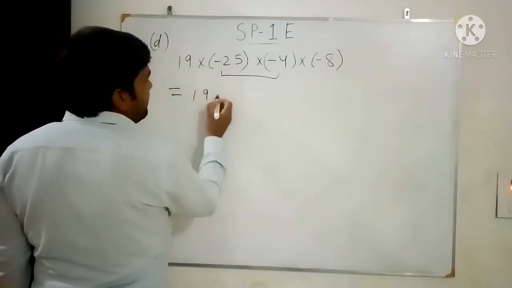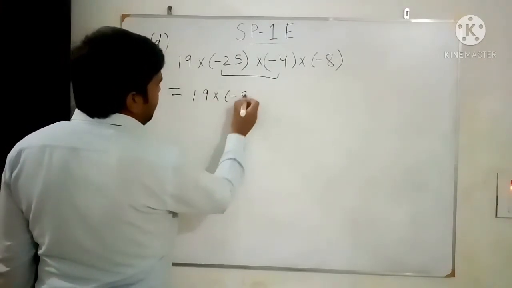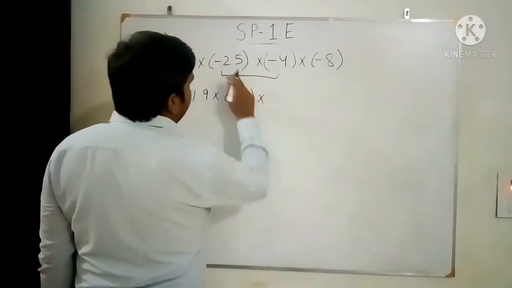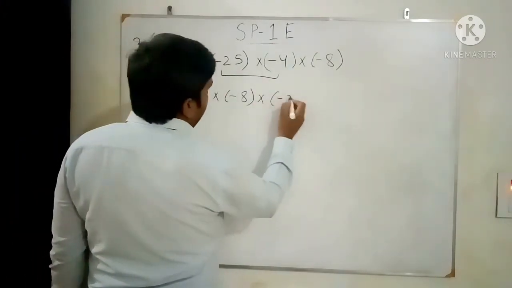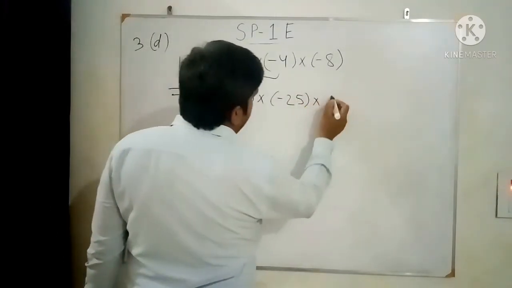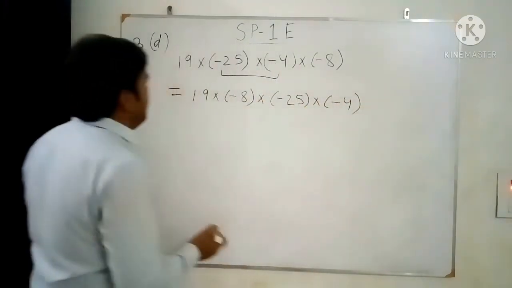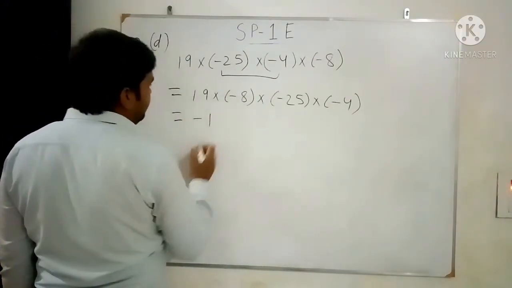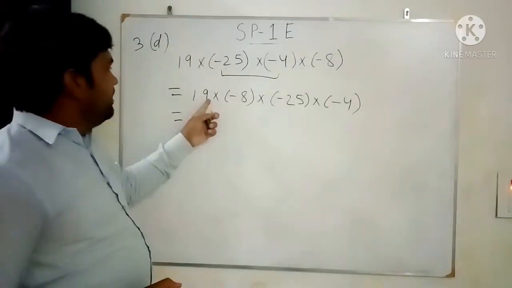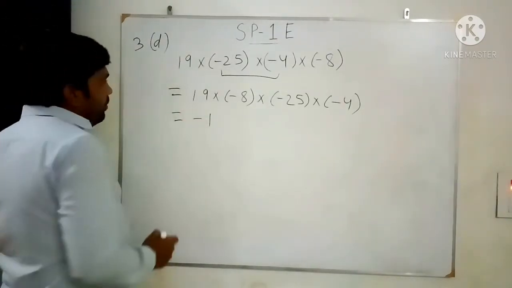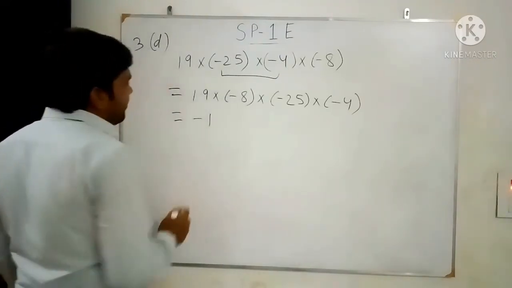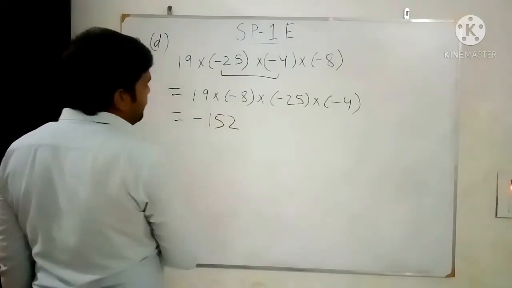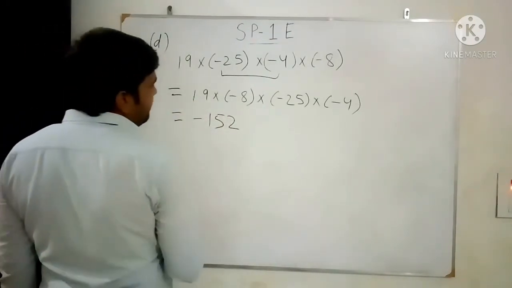So 19 multiply minus 8 is one pair, and the other is minus 25 multiply minus 4. 19 eights are 152, so minus 152.